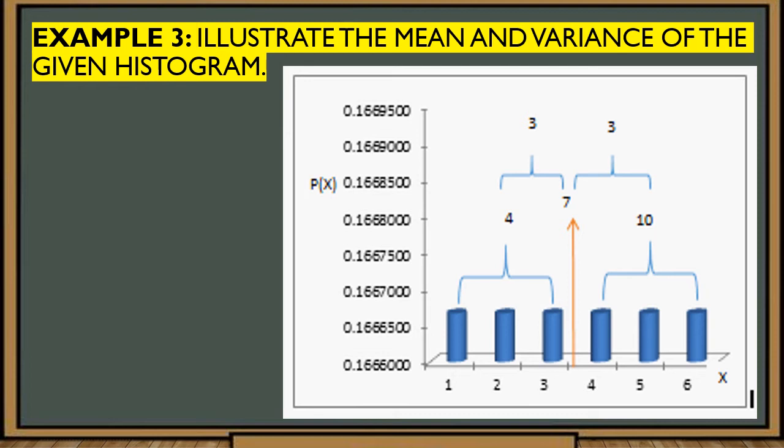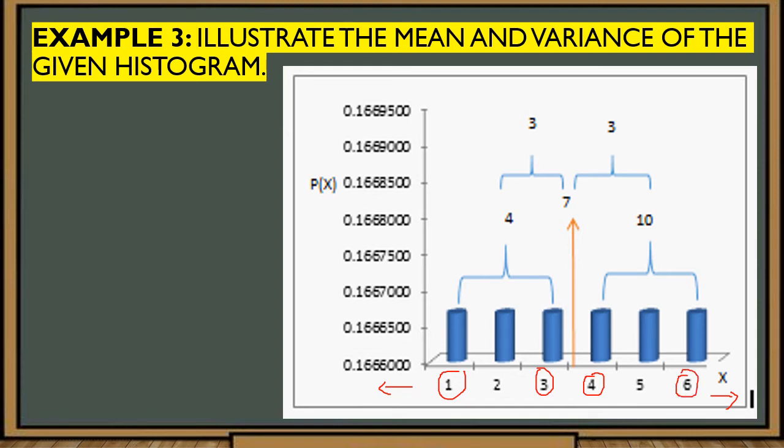We will follow the procedure here. Since we are comparing two elements, this time we will compare 1 and 3, this is the left side, and this is the right side. We are also comparing 4 and 6.